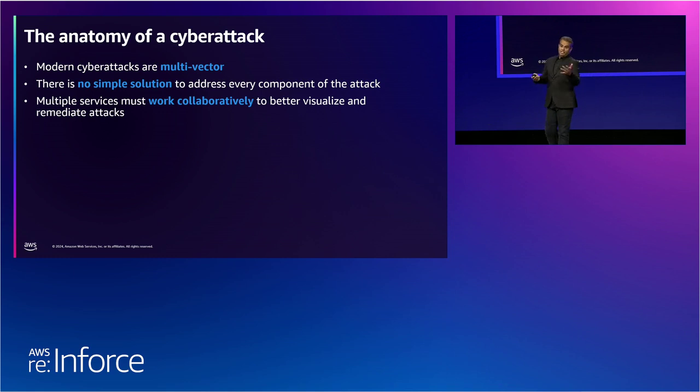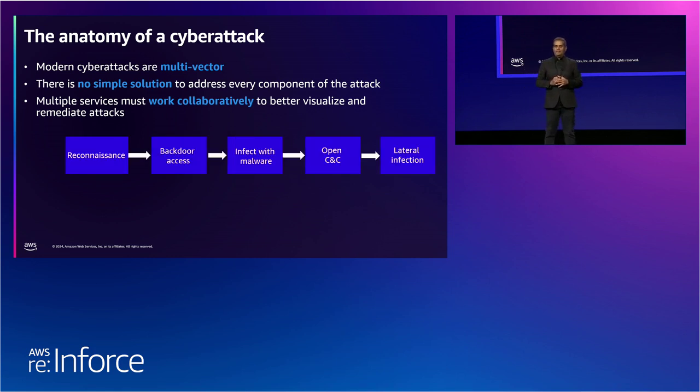A simple example is ransomware. We have to have all of the pieces working collaboratively to ensure that there can be a coordinated way in which the threat is detected as well as remediated. An example would be something similar to ransomware, where initially there are reconnaissance activities that deal with the rattling of the doorknobs just to find out what types of services are running, followed by backdoor access to the network, followed by the actual infection with malware.